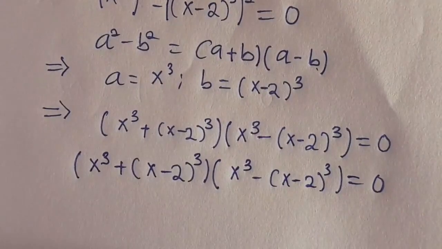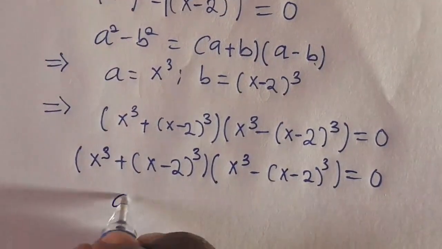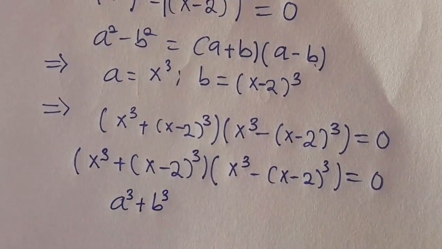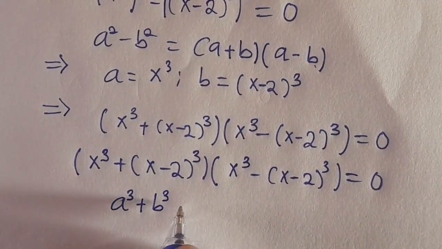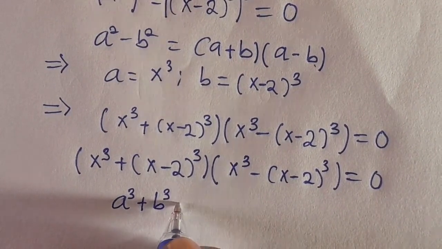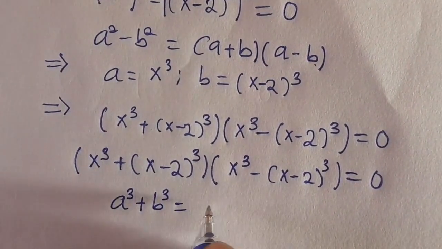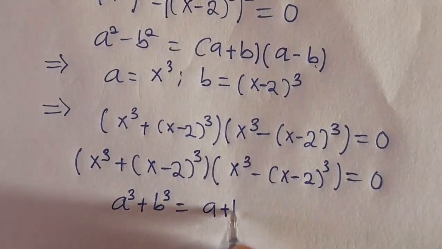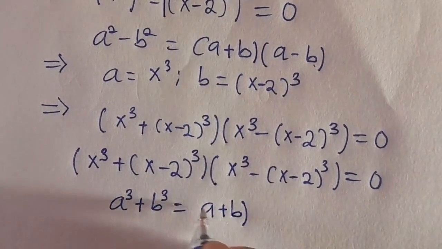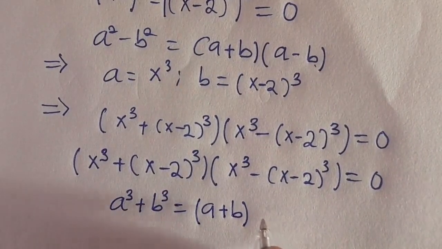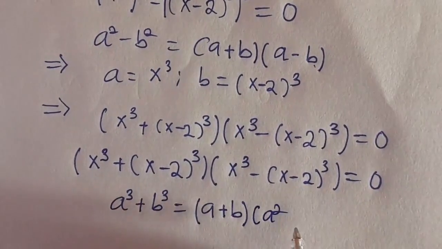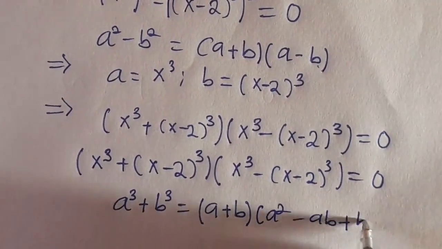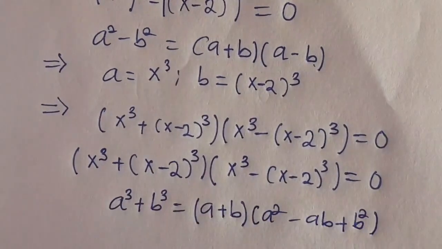Now let us recall when you have a cube plus b cube. We usually have the whole of this equals (a plus b) multiplied by (a square minus ab plus b square).